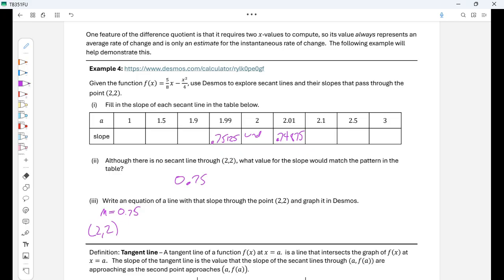So the most common correct answer written in slope intercept form is y equals 0.75x plus 0.5. You actually could have left it in point slope form. I know there were a couple different ways that I saw it. So there is nothing stopping us from just doing point slope form, which would be y minus 2 equals 0.75 quantity x minus 2.